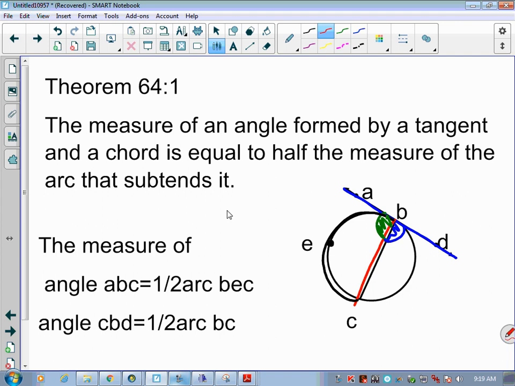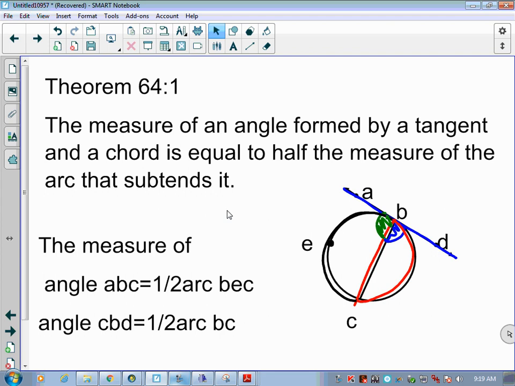This is the arc that subtends that angle, with its endpoints at the same ends. So if I knew that arc CB was 90 degrees, what would angle CBD be? It would be half of the arc. So if the arc is 90, the angle is 45.